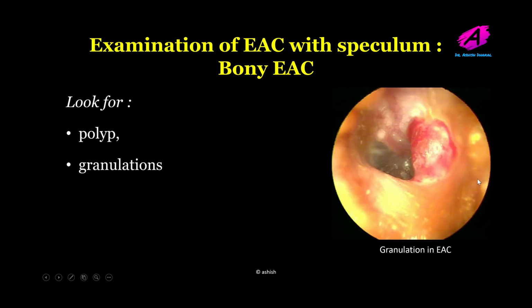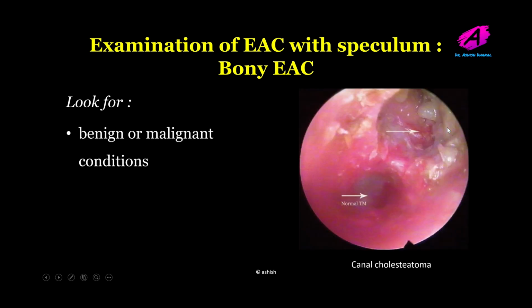Other things you have to look for are polyp or granulation in the deeper part of the external auditory canal. So a polyp arising from the middle ear coming into the external auditory canal, or granulations arising from the bony part of the external auditory canal. These granulations may signify some squamous or atticoantral type of ear disease as well. Look for any benign or malignant conditions of the bony external auditory canal.